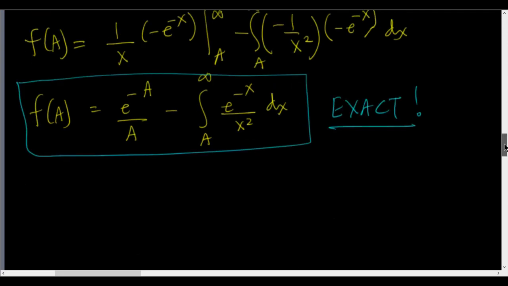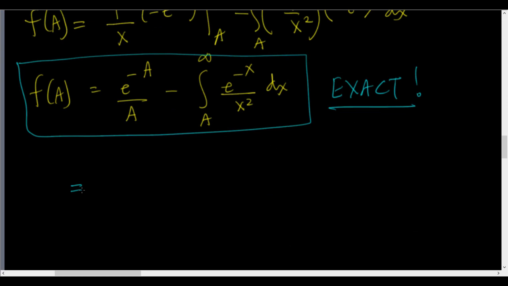So when we do it again, then we have minus e to the power minus a over a from the first, then over here minus, and let me do this one, integration by parts.